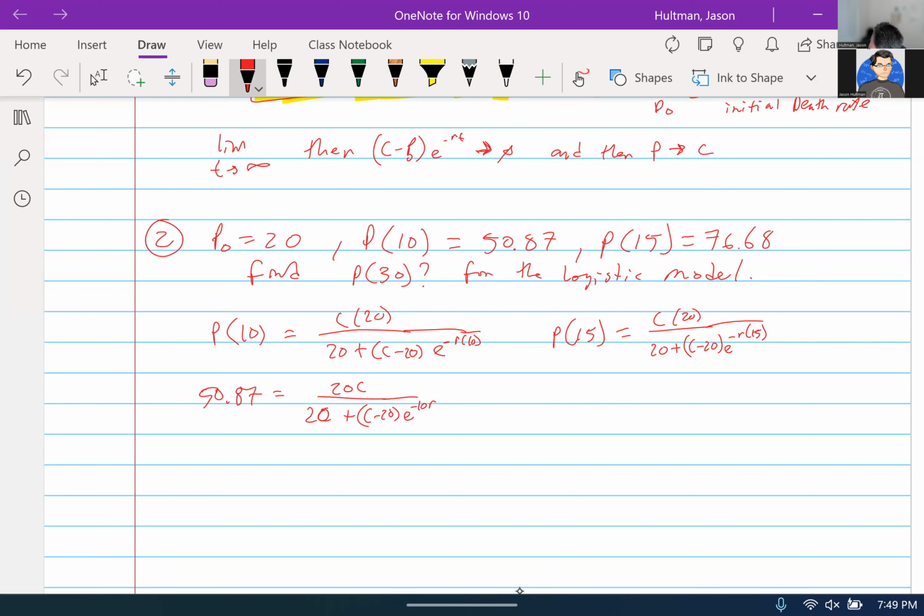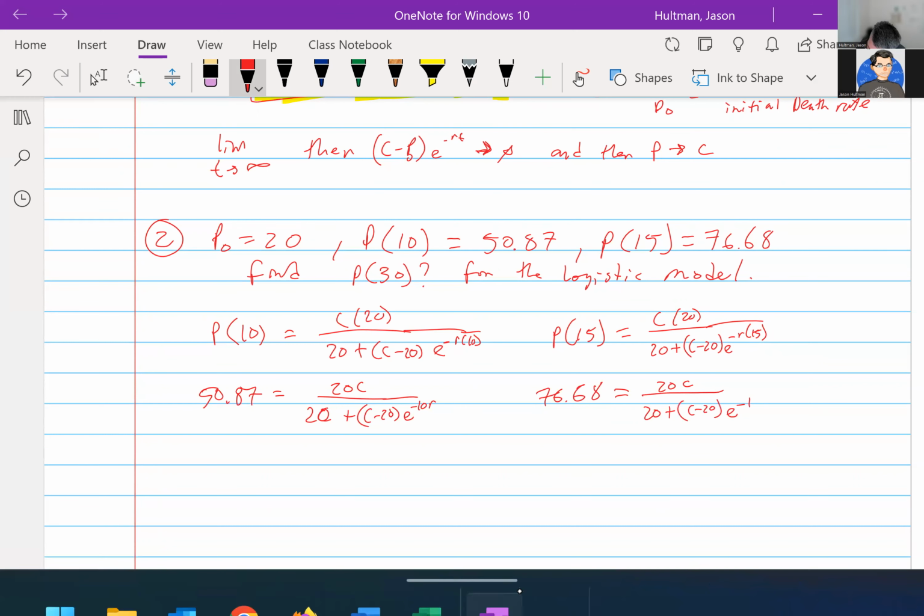And then over here we have 76.68 is equal to 20C over 20 plus C minus 20 e to the negative 15R.